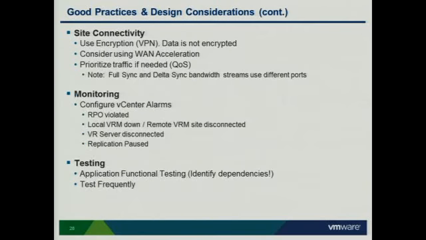Site connectivity. The data stream today is not encrypted, so we don't encrypt that for you. You'll need to use VPN or a solution to do that. But since we don't encrypt it, it is a candidate for WAN acceleration. And we've heard some good feedback from clients that were involved in the beta that said that they did have a positive experience from the vSphere replication in reducing those bandwidth requirements.